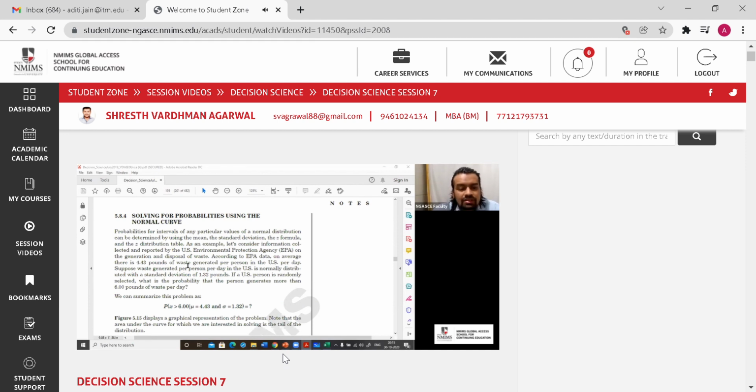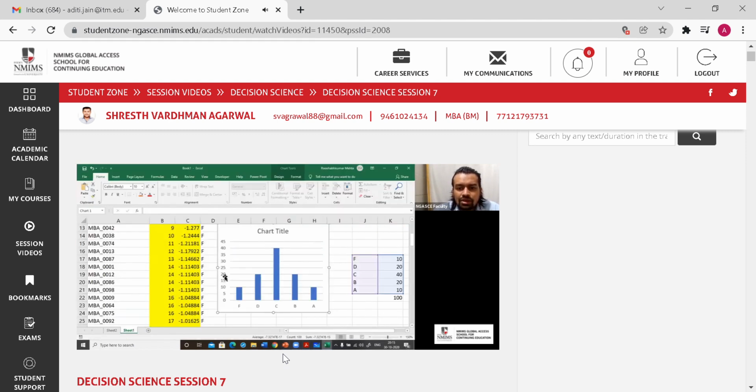Suppose the waste generated per person per day in the US is normally distributed. We need to underline that fact. It means the bell curve is obtained from observation, because they must have checked the normality. They must have done this exercise. Once they gathered the observations, they must have converted the data into grouped data, and at least checked the normality this way.